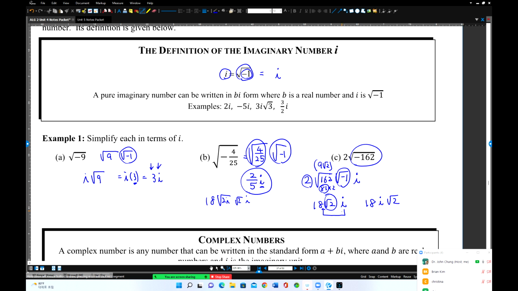That's why you put this before the irrational. That's our mathematical rule. But 18 root 2 with the i at the end is also okay. This is fine, but our mathematical rule recommends this way: 18i root 2.